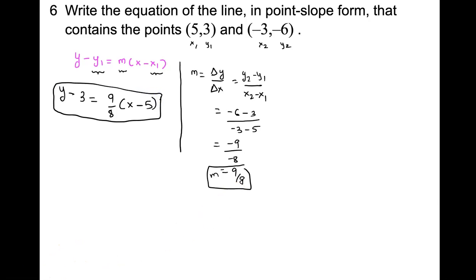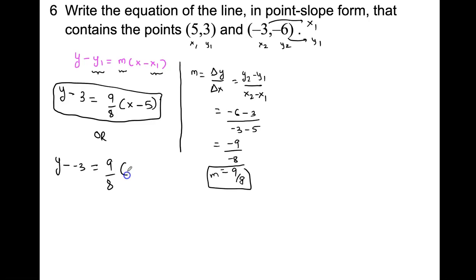Now the next question that comes to mind is, we have been given these two points also. Can there be another answer? Yes, there can be. I can also use this one as x1 and this number as y1. So my other answer will be y minus, in this case my x1 will be negative 3, equal to 9 over 8.